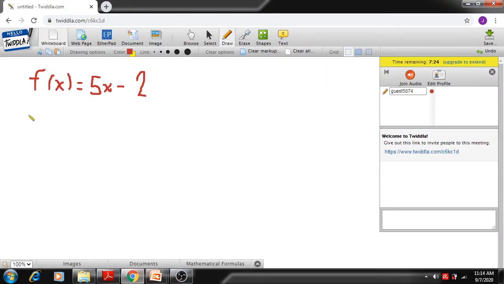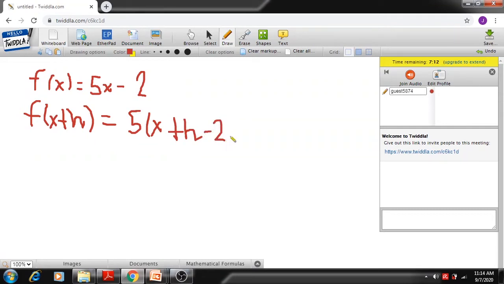Anyway. Now for f of x plus h, we can substitute x plus h into 5x. So 5 times x plus h minus 2. And then we can substitute this equation.